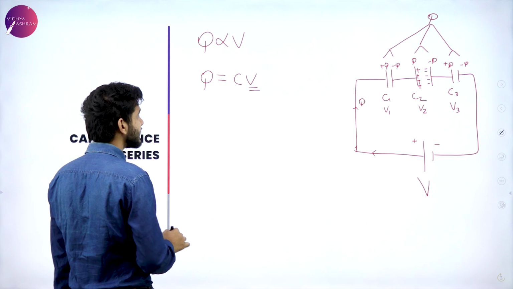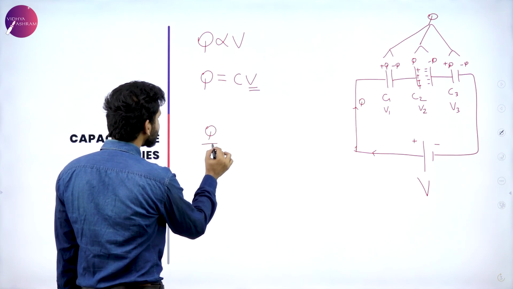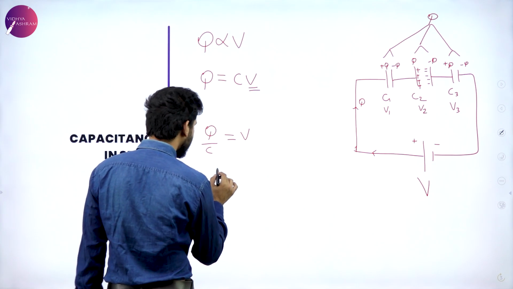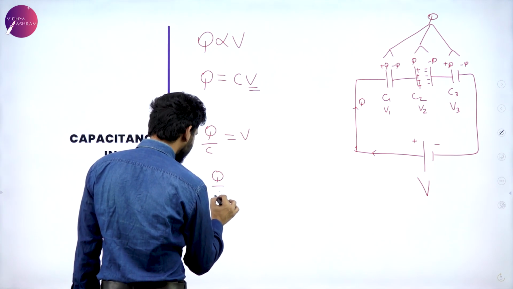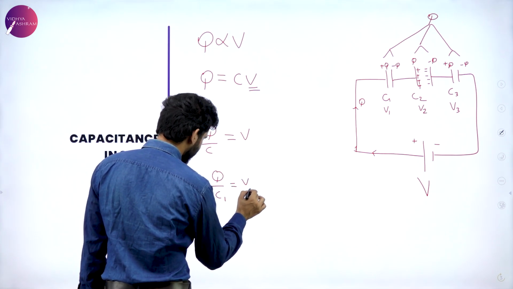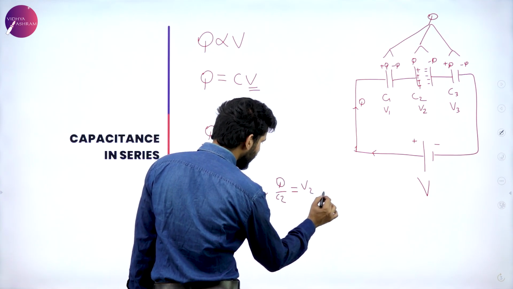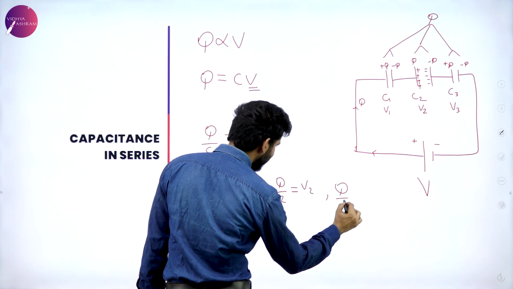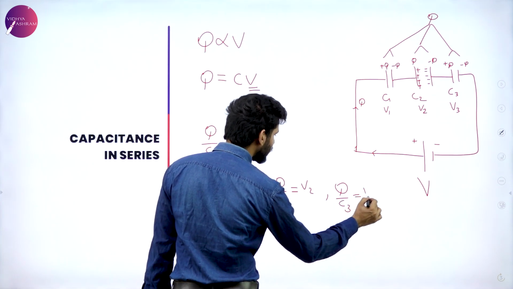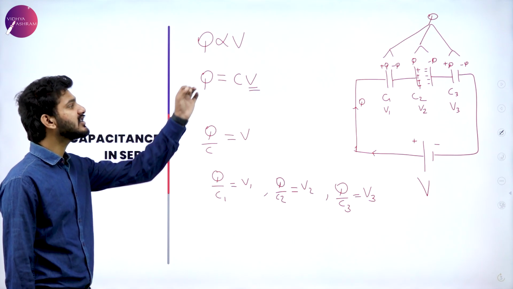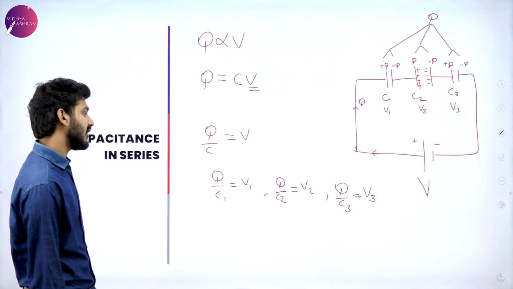So I can write it as Q by C is equal to V, or simply Q by C1 is equal to V1, Q by C2 is equal to V2, and finally Q by C3 is equal to V3.